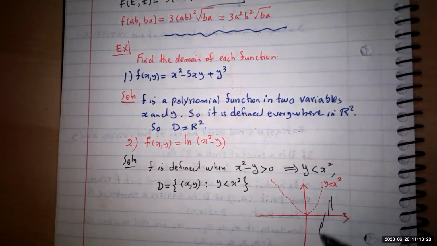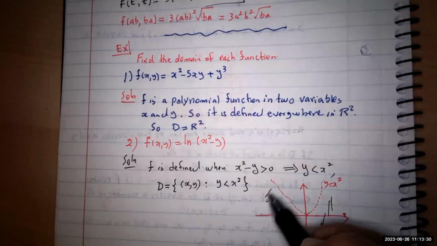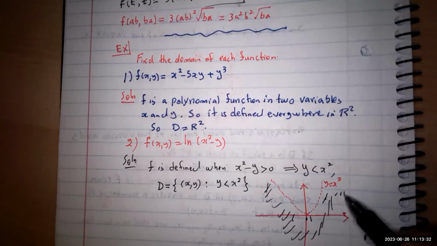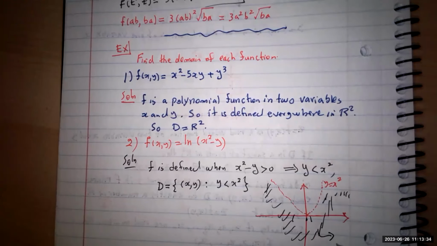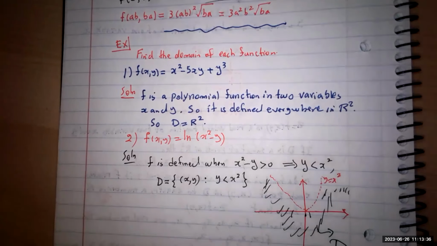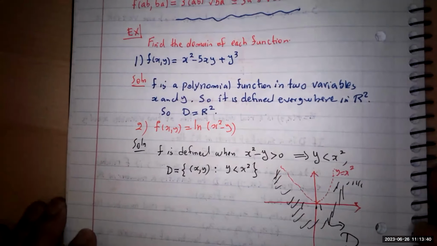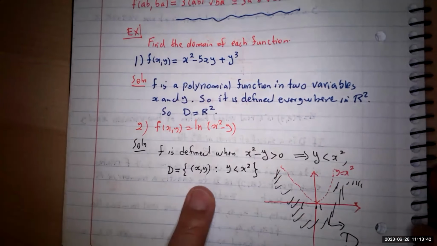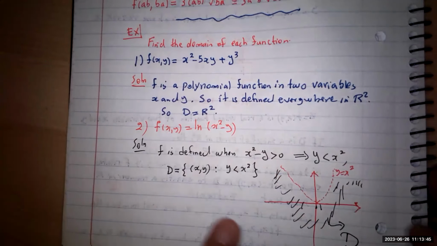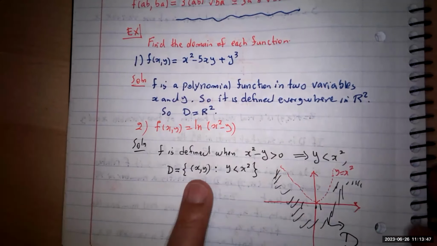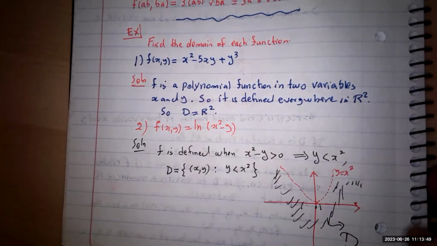So this is going to be the domain of the function, if you like geometry. But we need the abstract form on the test, remember, because the domain is a subset of R2 officially.